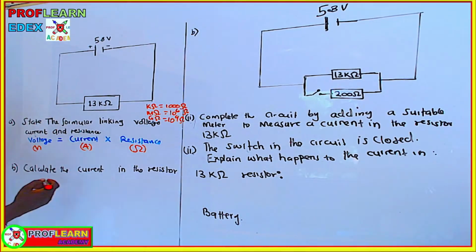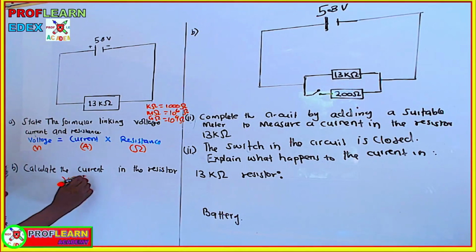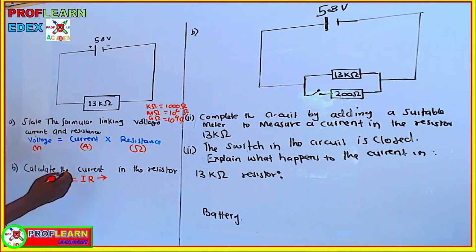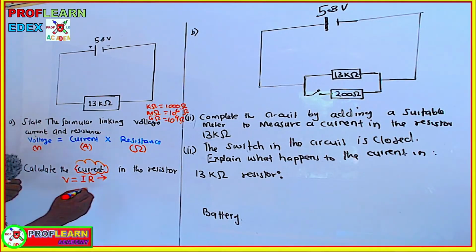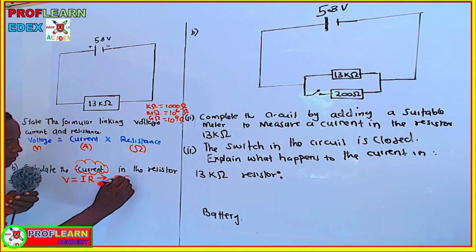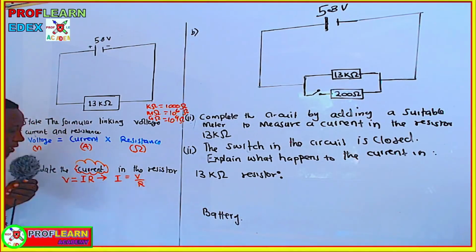Now, calculate the current. From this formula, we have said that voltage is equivalent to current times resistance, meaning that we can rearrange this equation so that we are able to work out the current. In that case, our current is equal to voltage over resistance.